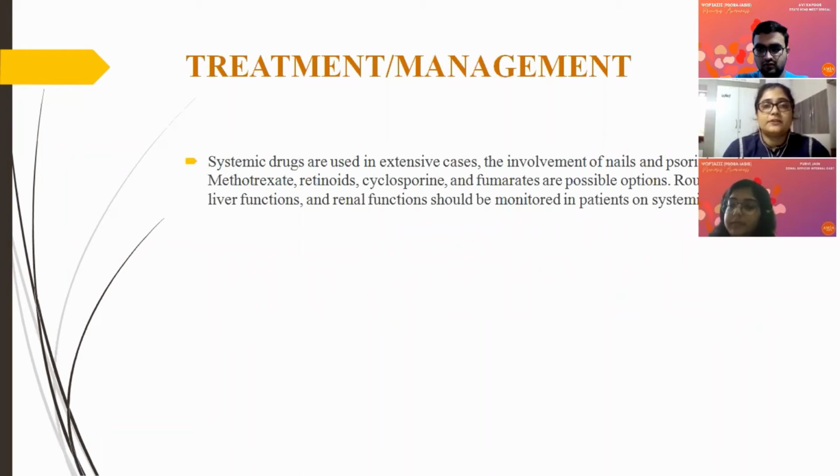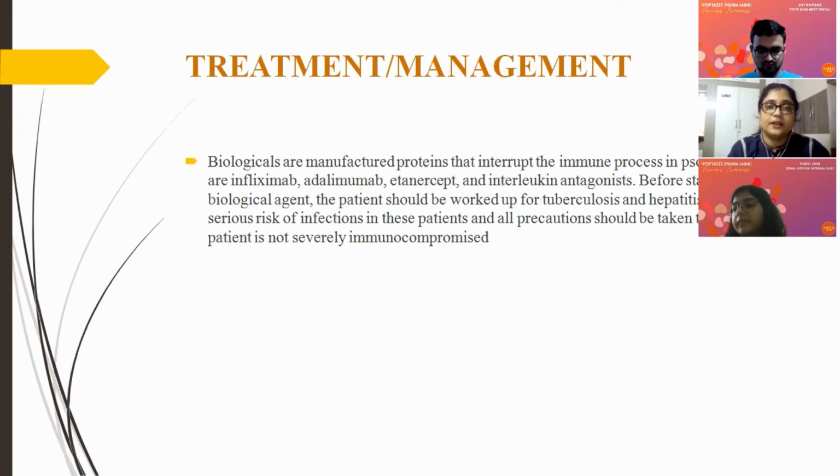Now treatment with the systemic drugs. Already I told you methotrexate, retinoid, cyclosporine, fumarics are possible options. Routine blood tests, liver functions are mandatory and renal function should be monitored during this therapy. Now biologicals, the biological response modifiers, those are introduced when the other treatment fails.